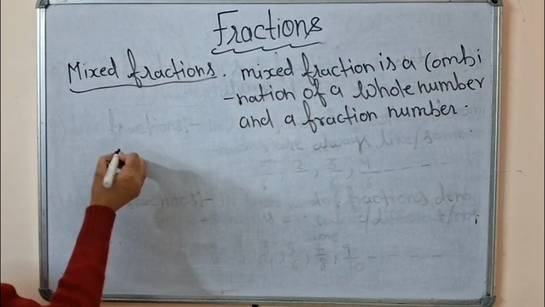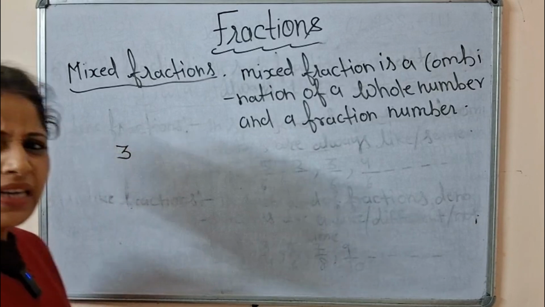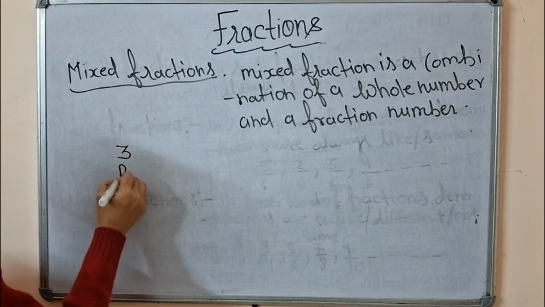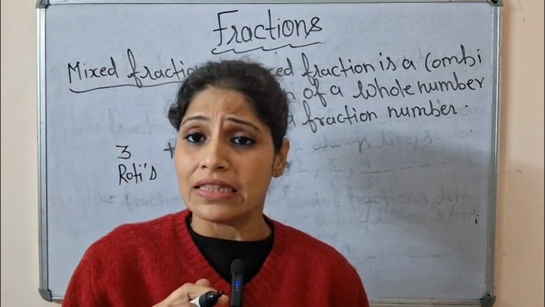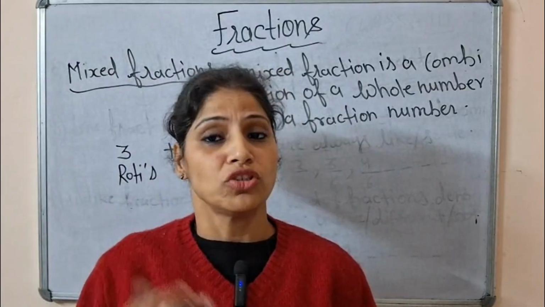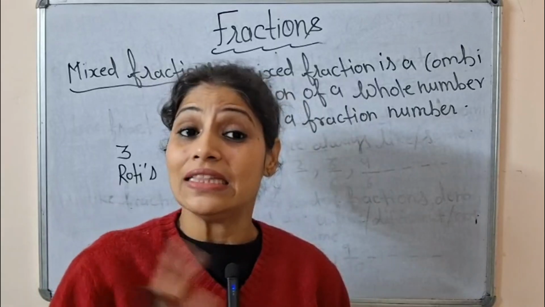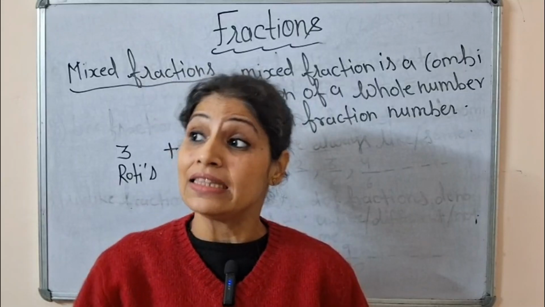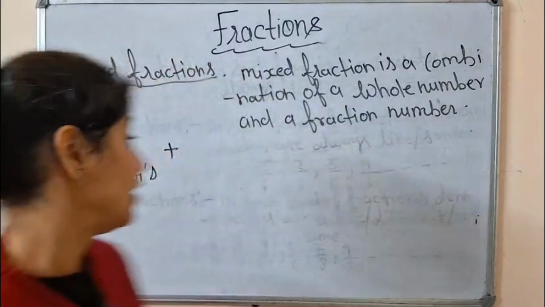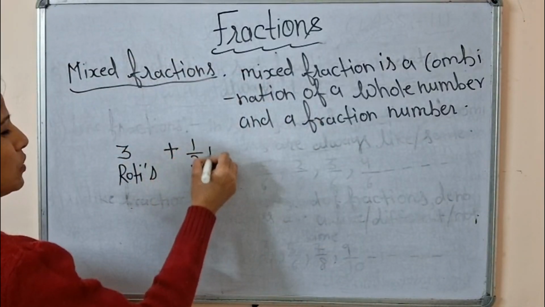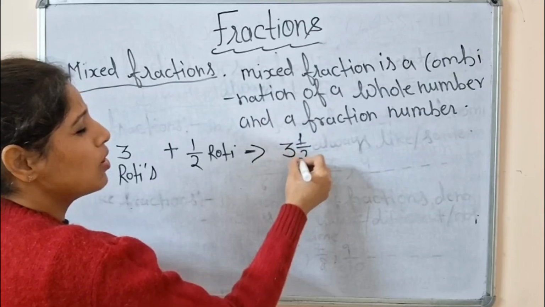So let's take one example. For example, I have eaten 3, you can take anything, for example 3 chapatis or roti, plus half more chapati. आज मम्मा ने बनाया था शाही पनीर, तो मुझे बहुत टेस्टी लगा. Then I asked my mama to give me half chapati more. So in that situation, how will you represent that 3.5 chapati in the form of fraction number? 3 plus half roti will be written as 3 by 1 upon 2.